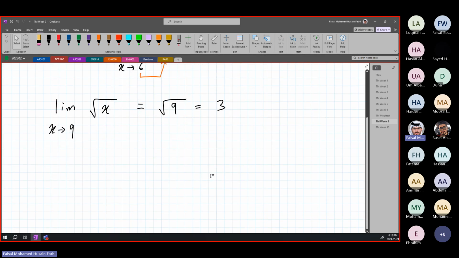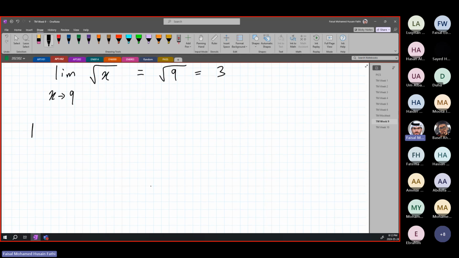But let's say we have a function like this. This is where limits get a bit more challenging. Let's say the limit as x approaches 0 of the square root of x plus 5 minus the square root of 5, all over x.